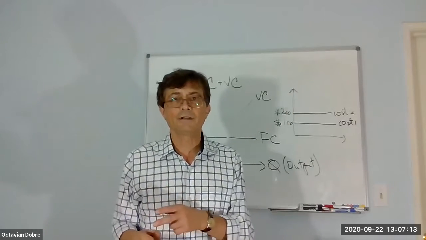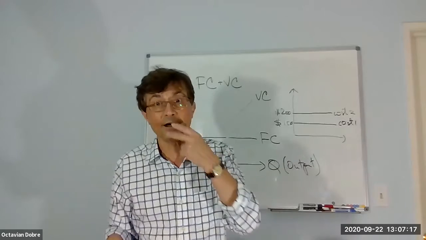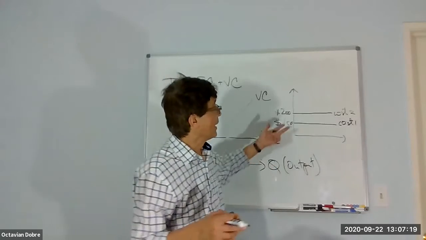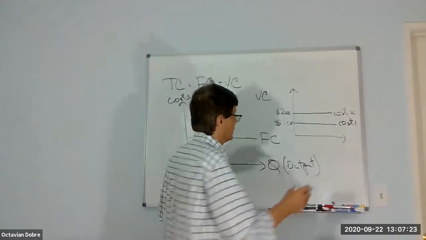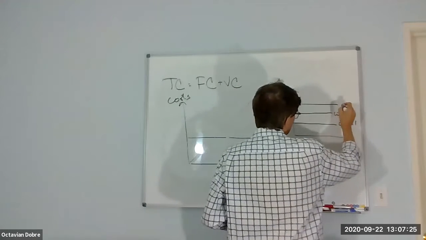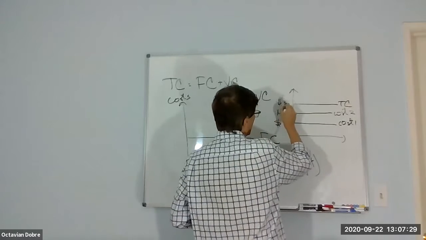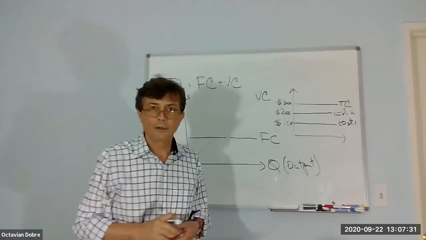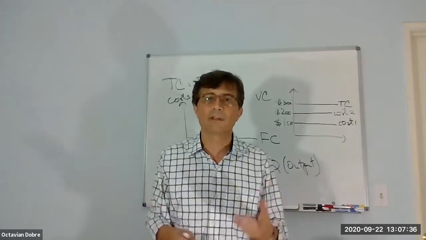And now I want the total cost, which is the sum of cost 1 and cost 2. Well, what would the total cost look like? It would be a line here, equal to 300.